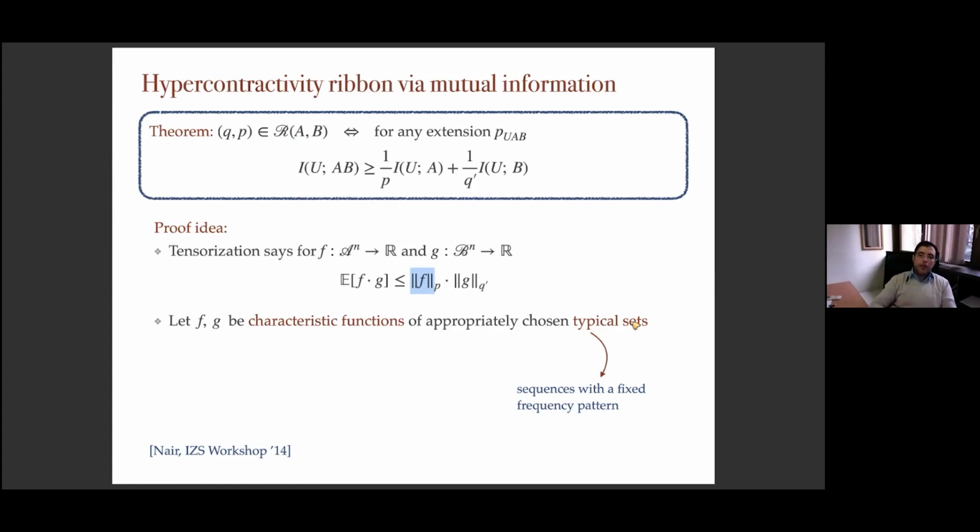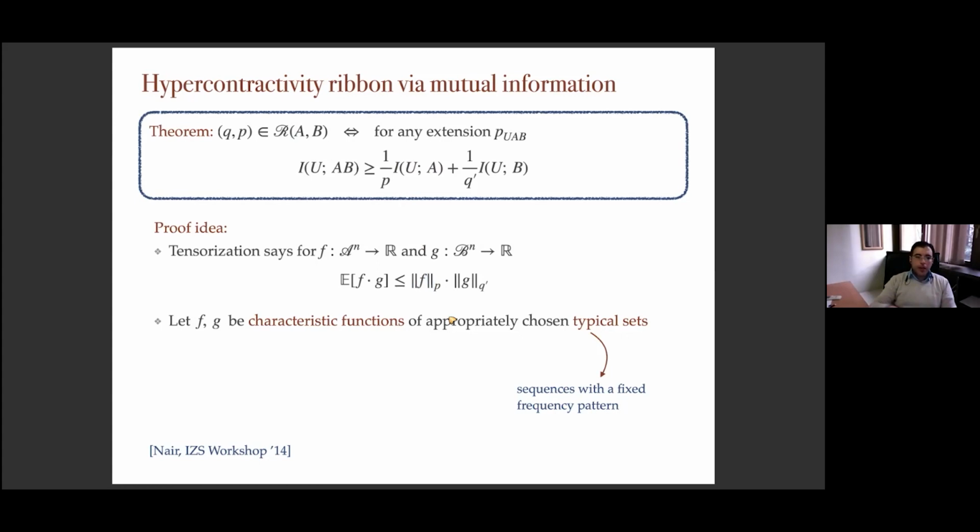People familiar with the theory of typical sets will realize that the probability of a typical set is related to the relative entropy or KL divergence between that frequency pattern and the original distribution that we started with. So that's how this norm is related to KL divergence, relative entropy, and then to mutual information.